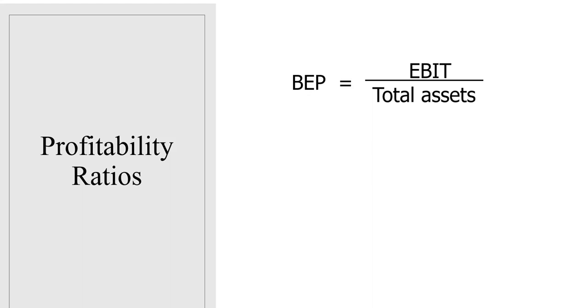Basic earning power. This allows us to compare companies with different tax structures and different capital structures. So it allows us to make comparisons without getting bogged down by capital structure decisions and tax effects. So we can calculate basic earning power.